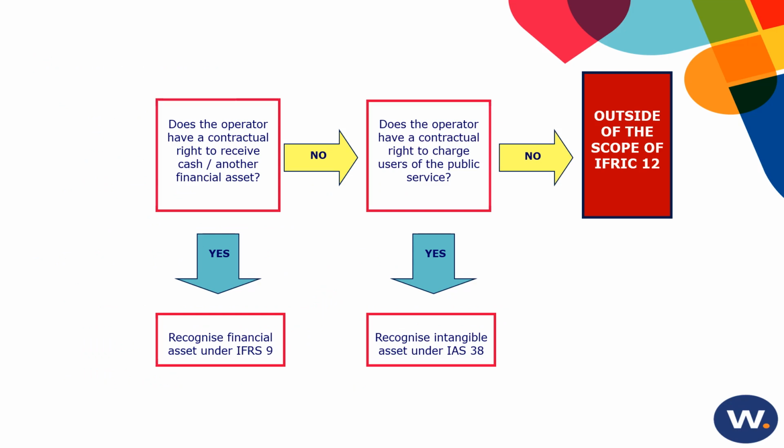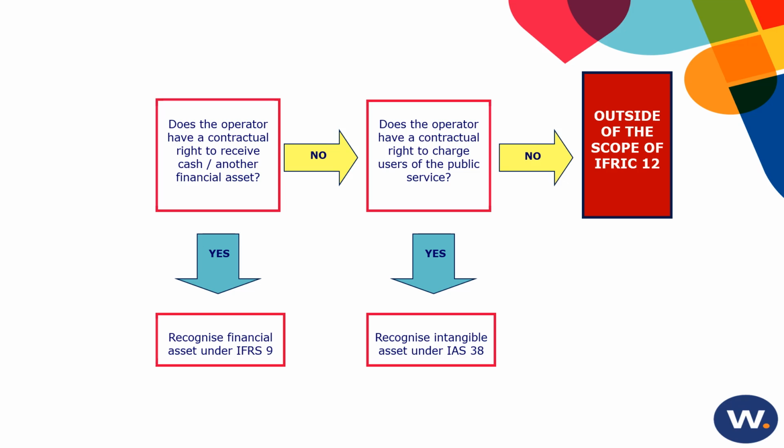A decision tree has been provided to assist entities to determine what type of consideration they've received and therefore determine the correct subsequent accounting for this. Our first step is to determine whether or not the operator has a contractual right to receive cash or another financial asset.